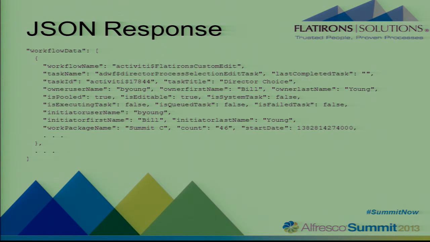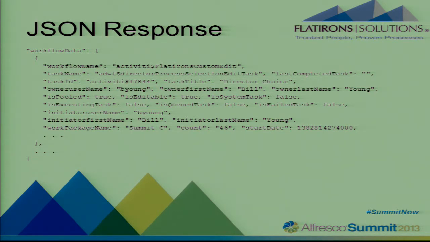The username of the workflow owner, the initiator of the work, or I'm sorry, the task owner. The is pooled is related to whether it's a group-oriented task or whether it's an individual assigned task, and that becomes important when we look at the actions. And I'll take a look at that in a bit.